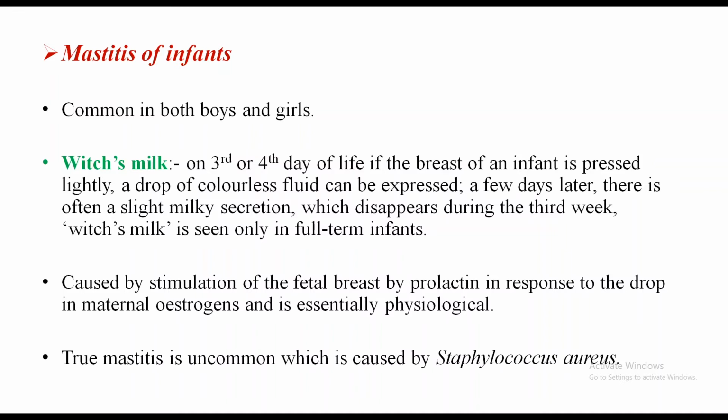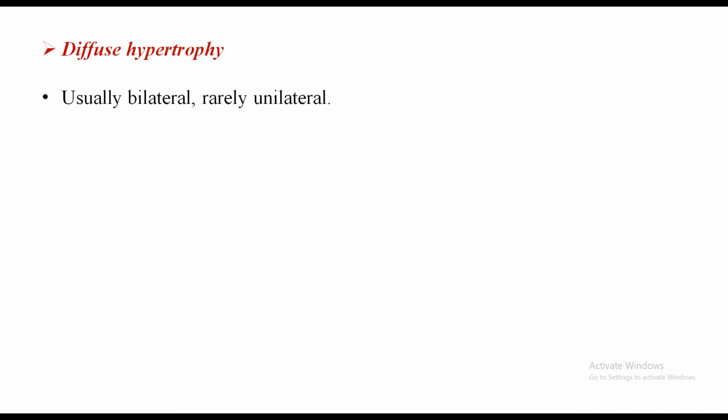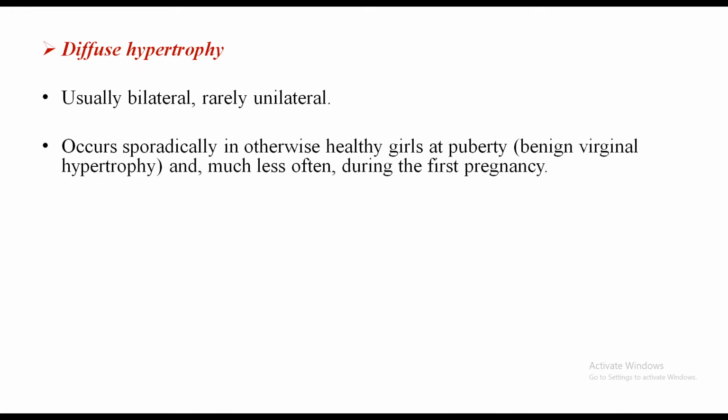The true mastitis which is seen in adults is uncommon in infants, and the true mastitis, you are aware, is caused by Staphylococcus aureus. Now there is a condition called diffuse hypertrophy. The breasts are usually enlarged. This is usually bilateral, but it may rarely be unilateral.